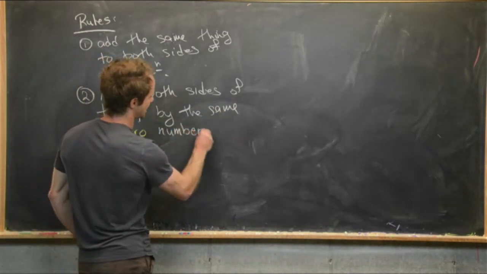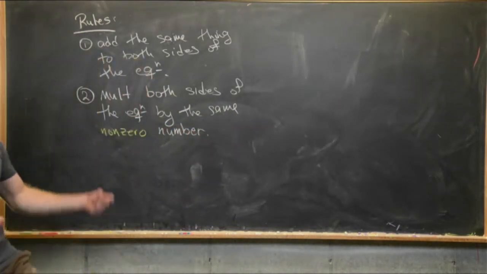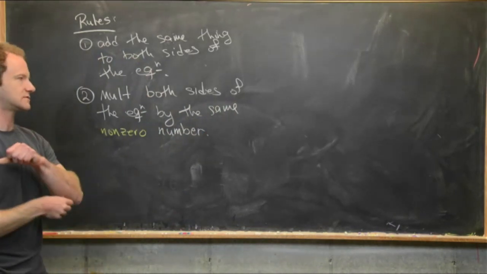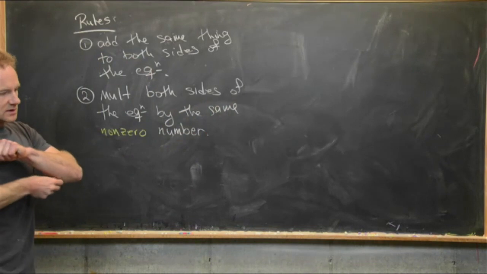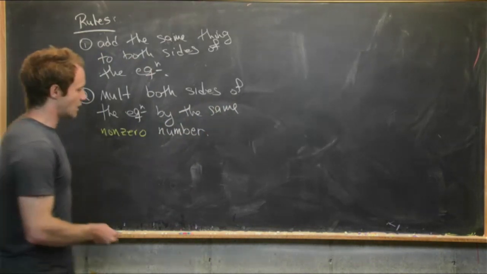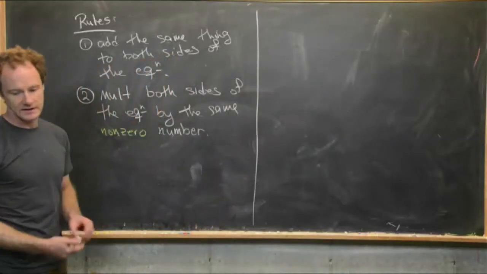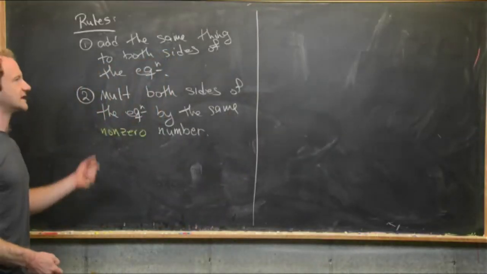It's important that it's not 0, because if you multiply both sides by 0, you've destroyed information, because everything times 0 is 0. Good. So these two rules are really all you need in order to solve these linear equations.